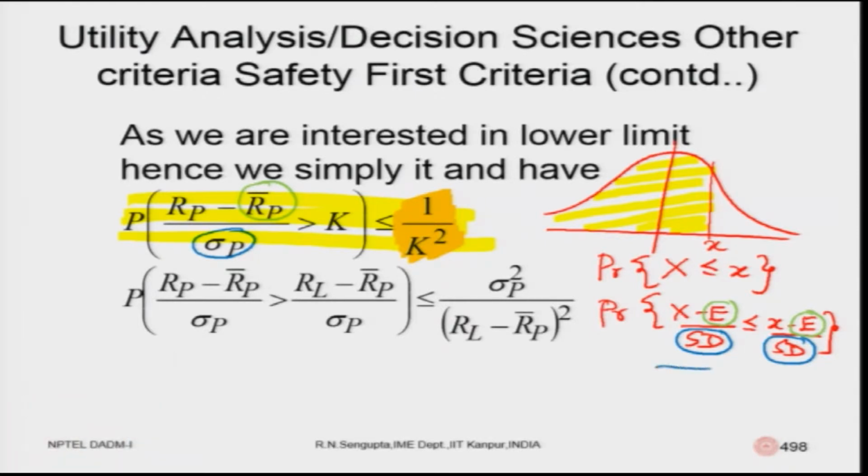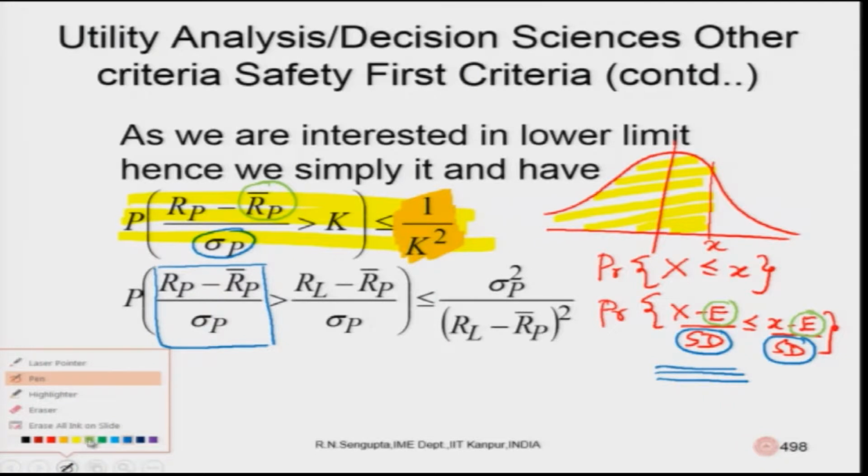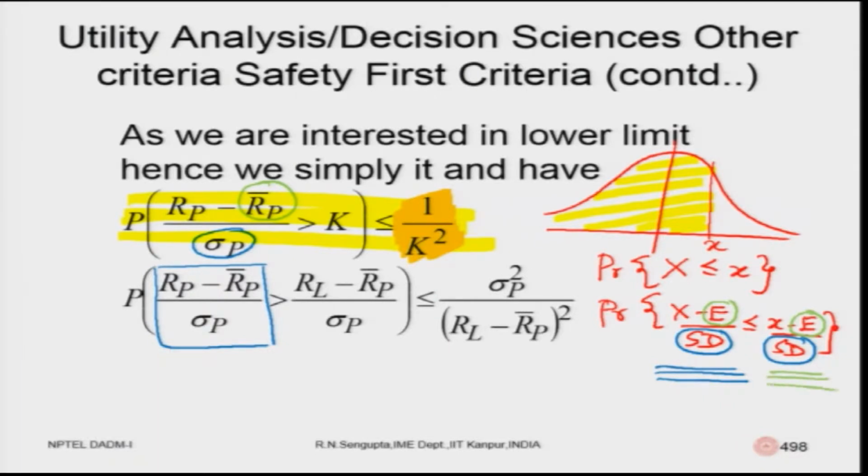So, this part which I use is exactly this, and the part which I use here is exactly what I found out here. So, in this case x is basically RL, which is the risk free interest rate, which is generally considered for portfolio investment. So, this can be considered as k.